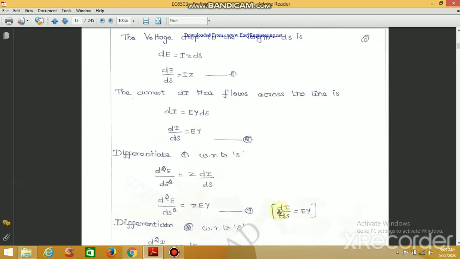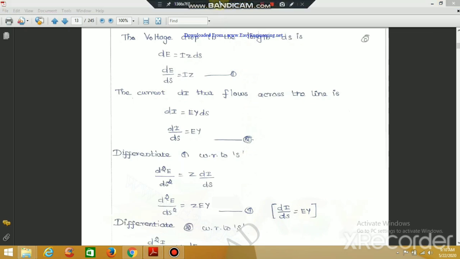Substitute here, and you will get d square E by ds square is equal to z Ey. That will be equation 3.